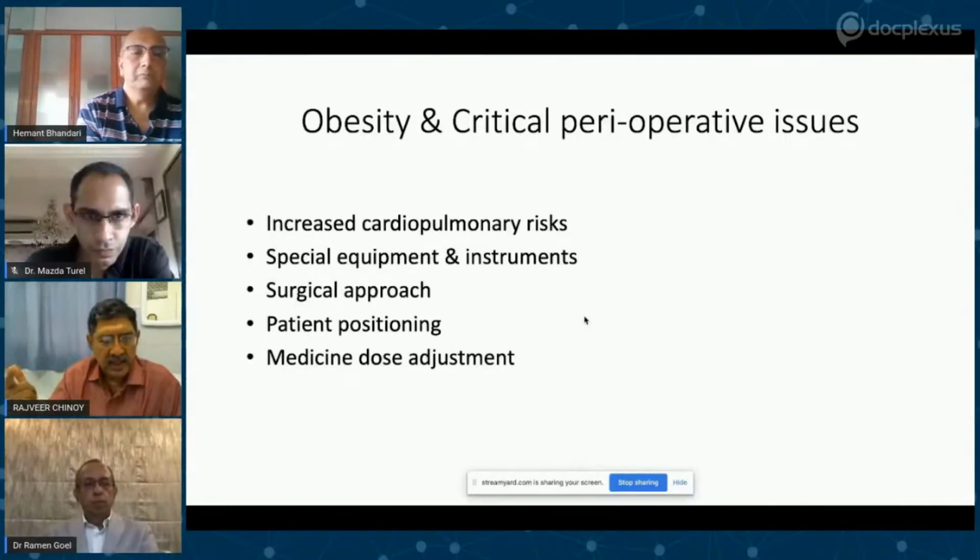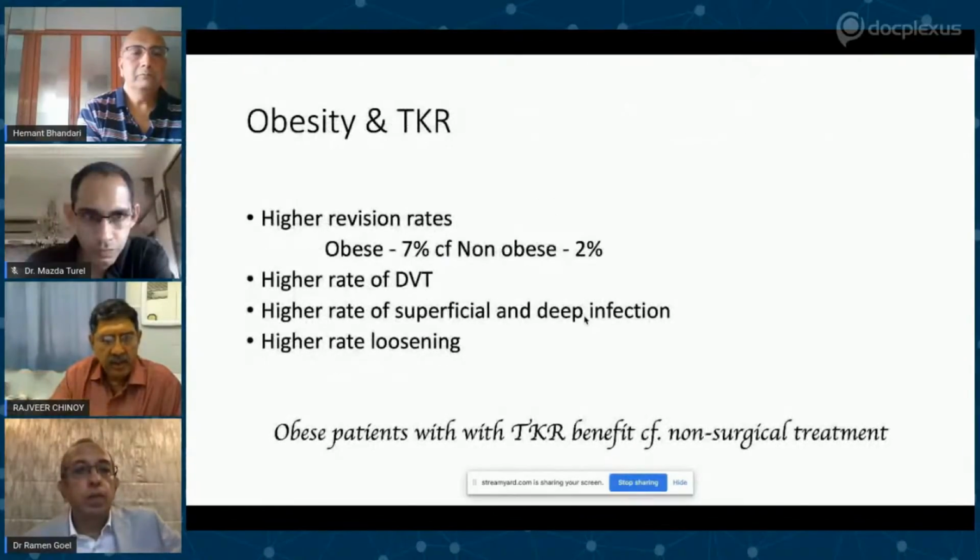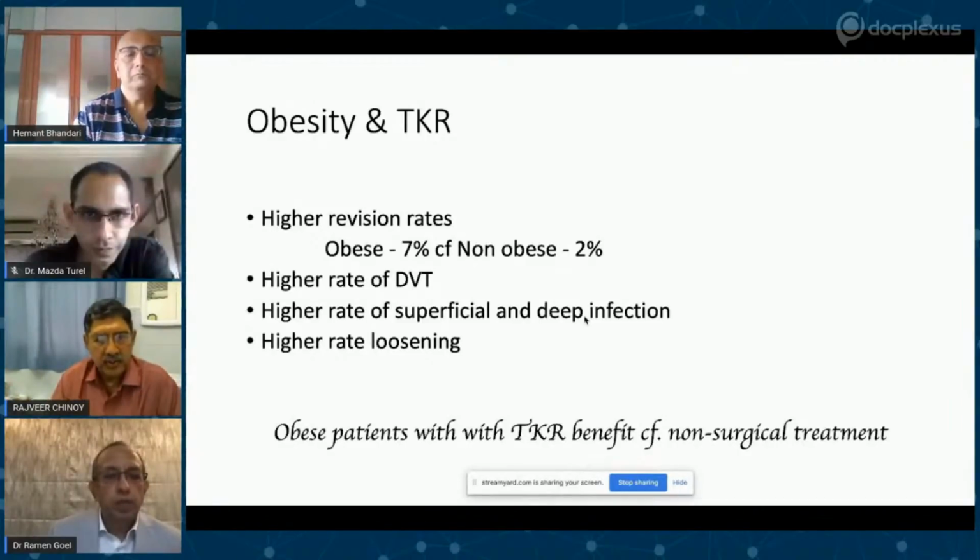They should be fully assessed. The anesthetist, the medical person, and the team, everybody should assess them, counsel them, and everything has to be done with a certain amount of skill and experience so that you avoid complications and get them mobilized sooner and get them home as soon as possible.